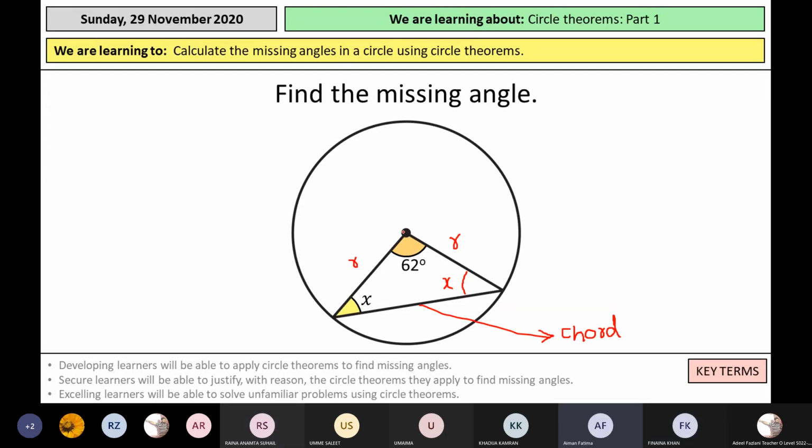Excellent. If you just look at the isosceles triangle, what is the proper property? The two angles and two sides are equal. So if this angle is x, and since this is a radius, this is also a radius, and the length of every radius in the circle is always the same.